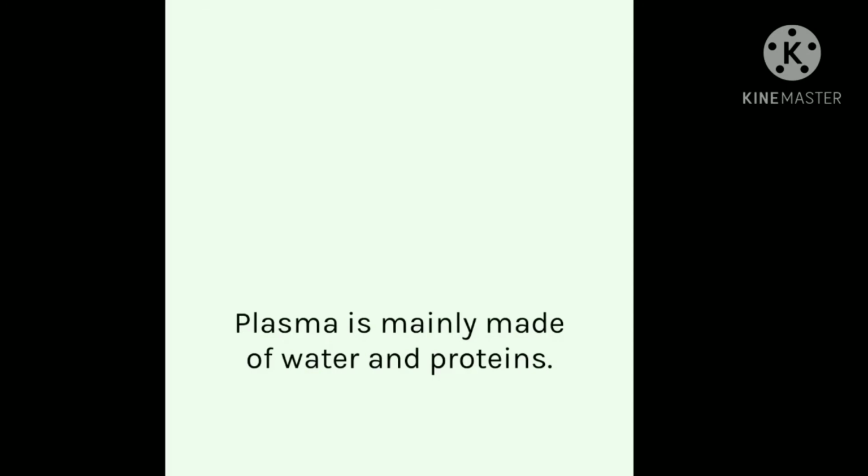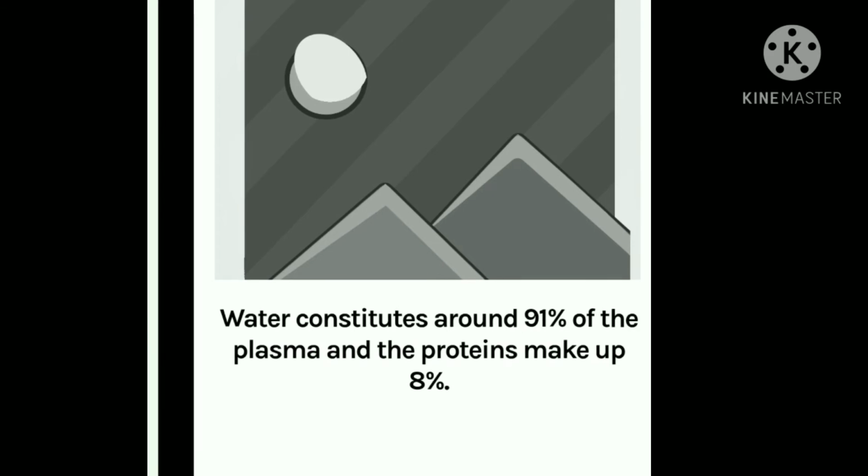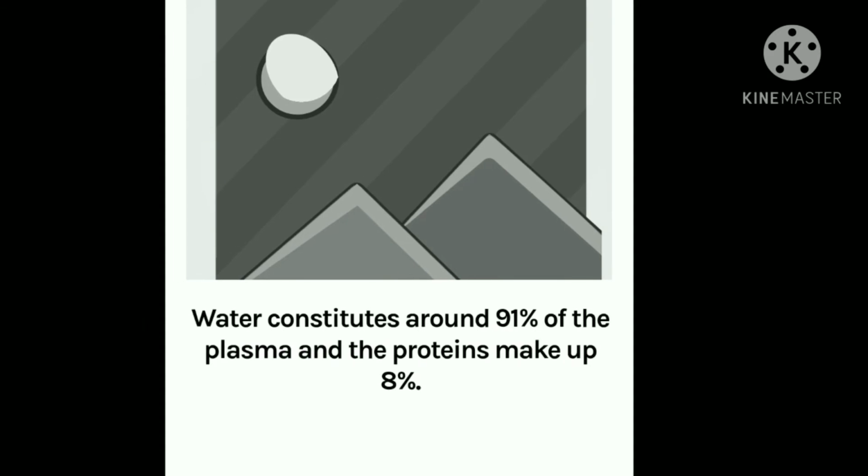Plasma is mainly made up of water and proteins. Water constitutes around 91% of the plasma and protein makes up 8%.